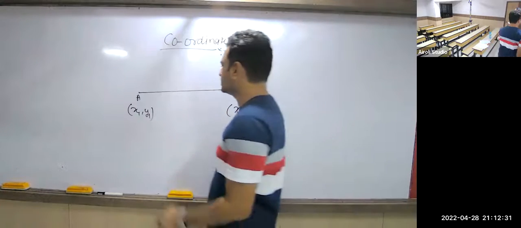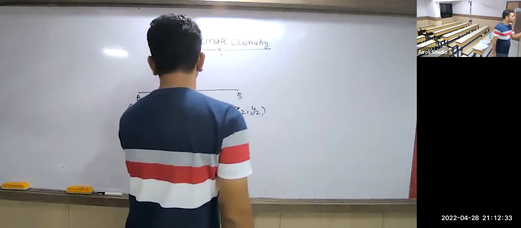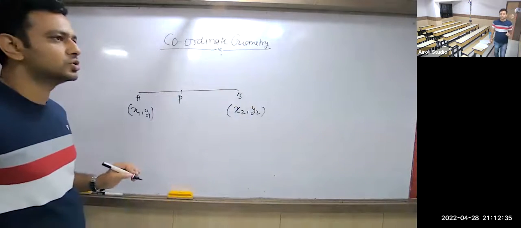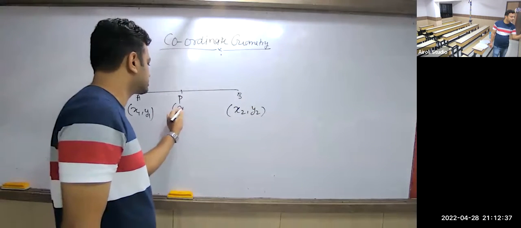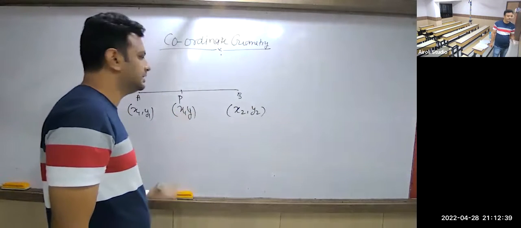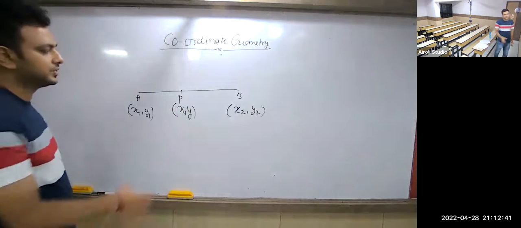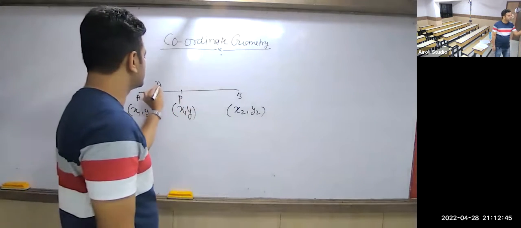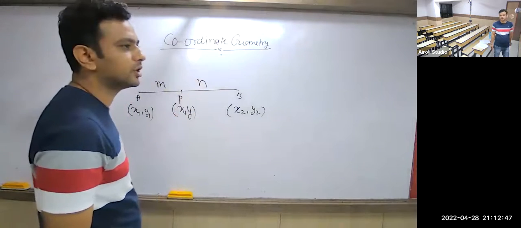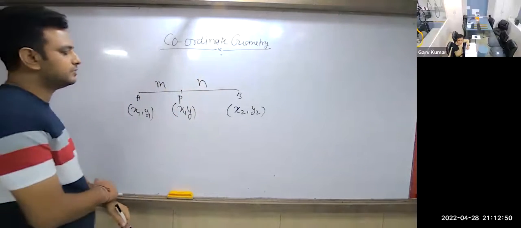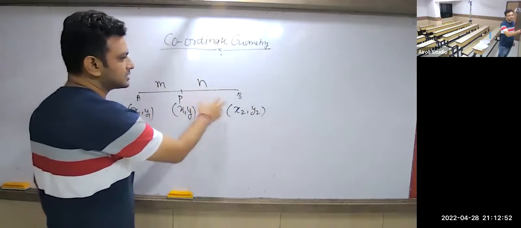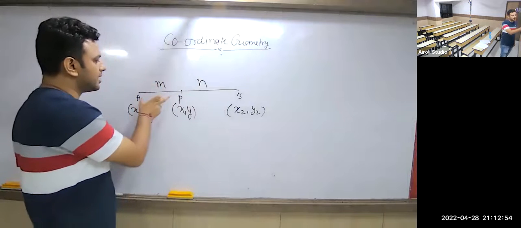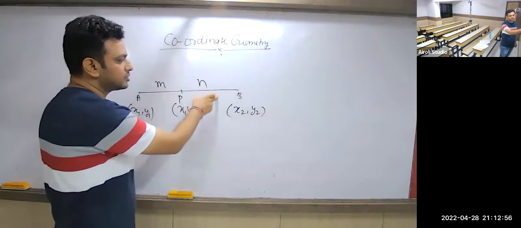Let's say there is a point P whose coordinates are (x, y), and this point divides the line segment AB in the ratio m:n. This point P will divide the line segment AB into two parts in the ratio m:n.